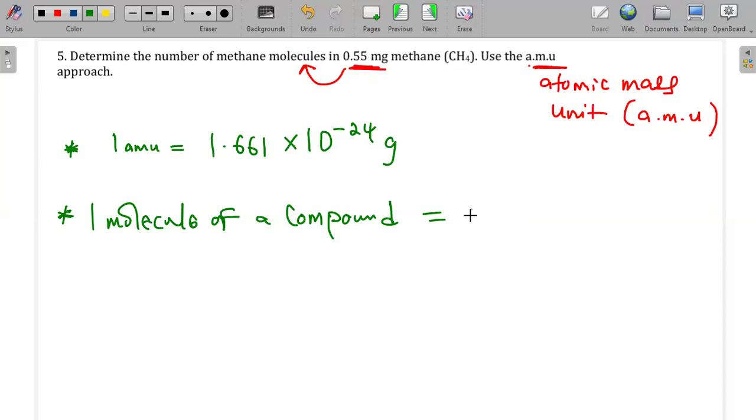So we're just going to find the molecular mass of the compound, and those units are just going to be in atomic mass units. So what do we mean here?